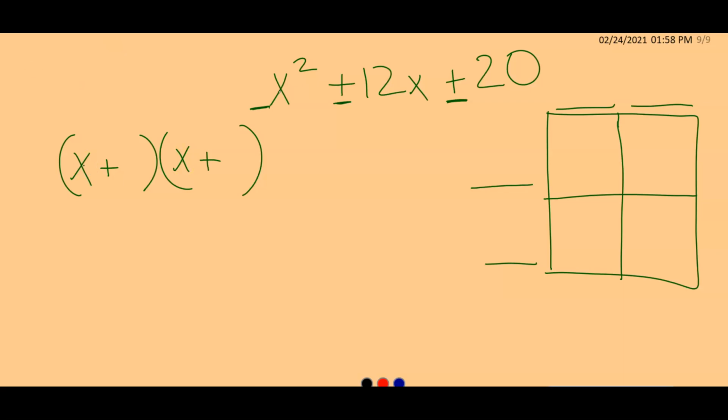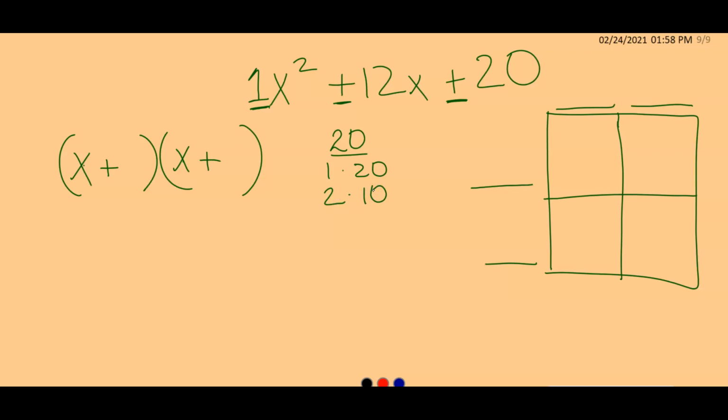So let's look at our A times C. That's the next step, right? So A is 1. So 1 times 20 is 20. So let's list the factors of 20. We've got 1 and 20. That's not going to work. We've got 2 and 10.